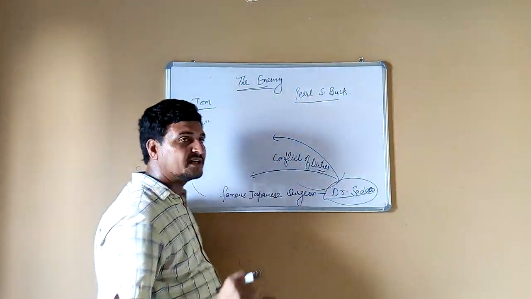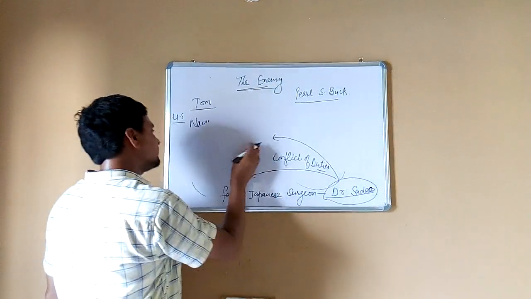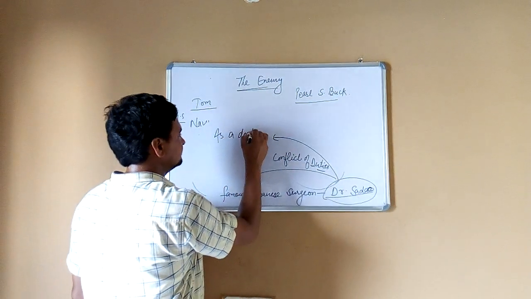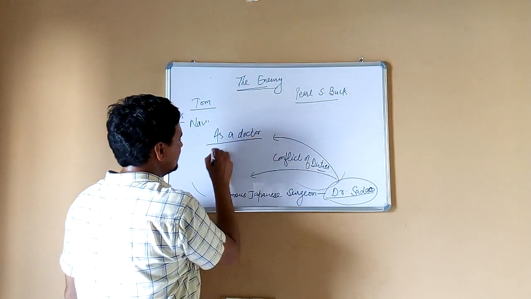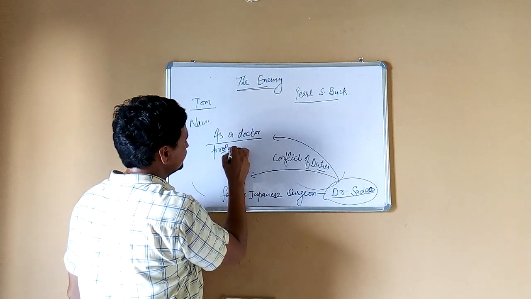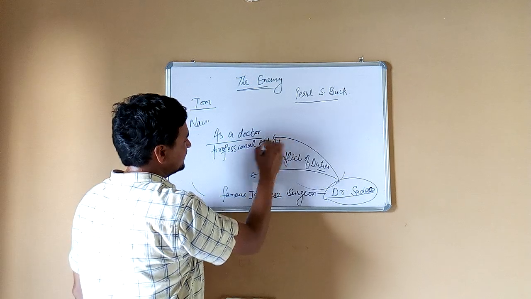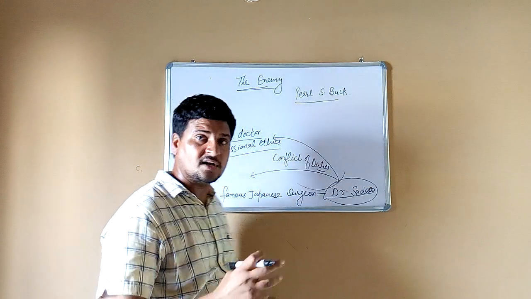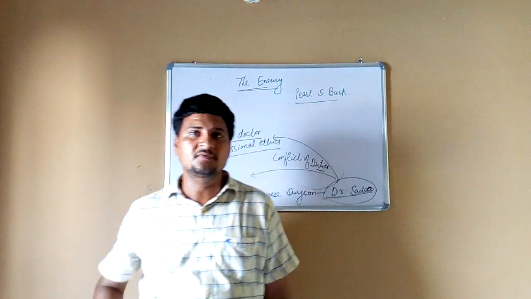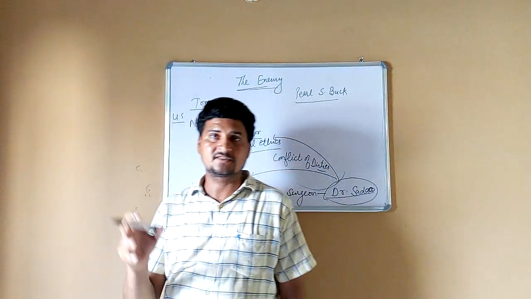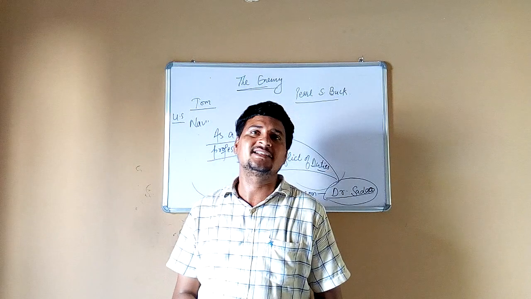Now Dr. Sadao has a conflict of duties. How? On the one hand, as a doctor, there are his professional ethics. What are professional ethics? They are the morals associated with a particular profession. If you are a teacher, your ethics should be that you teach your students in a good manner.